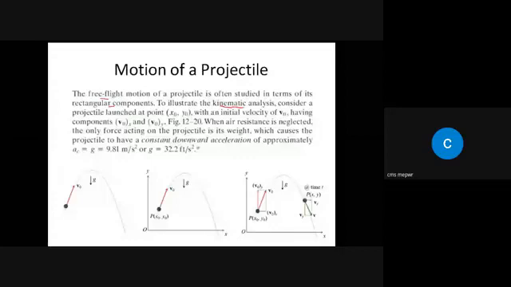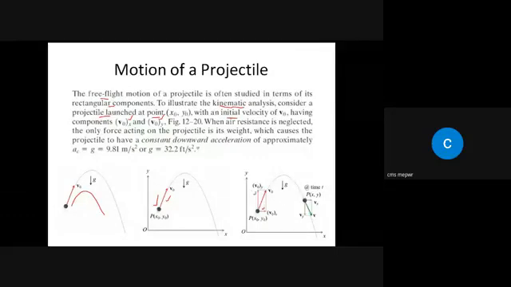Consider a projectile launched at point x naught, y naught, with initial velocity v naught. The initial velocity v naught is inclined, so it has two components: one will be v naught x, the other one will be v naught y, as shown in this figure.